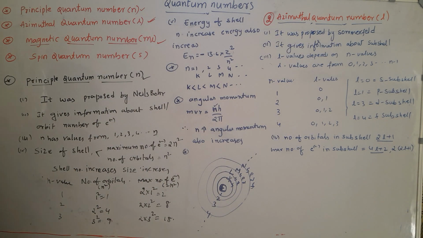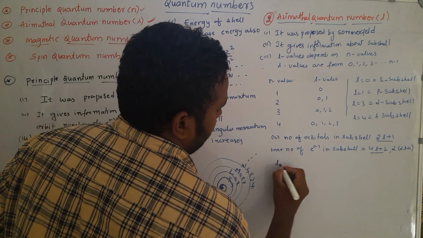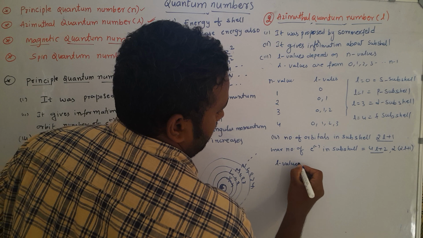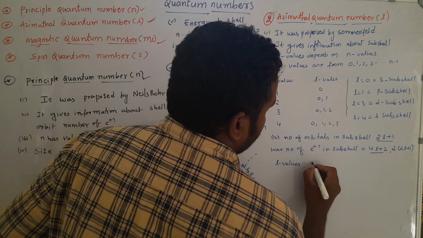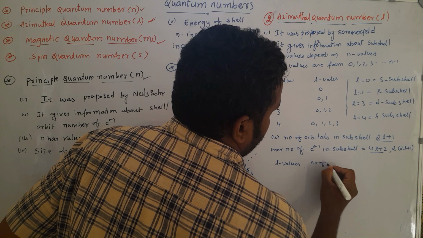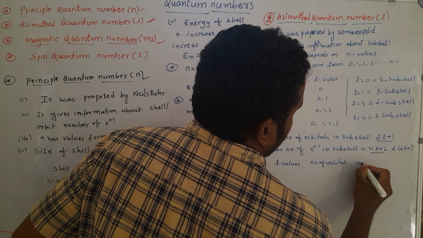For example, let us see this in tabular form: L values, number of orbitals, and maximum number of electrons.